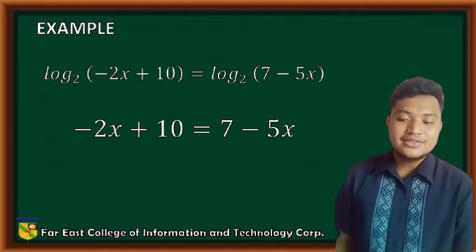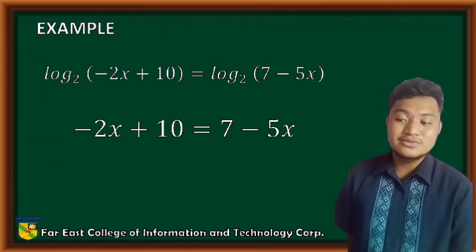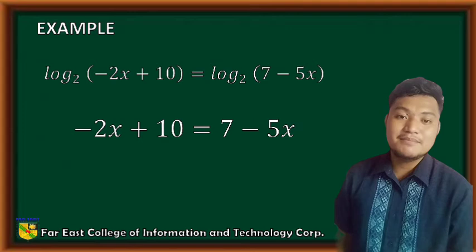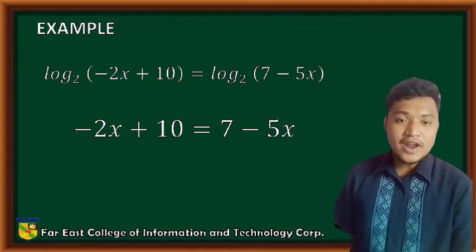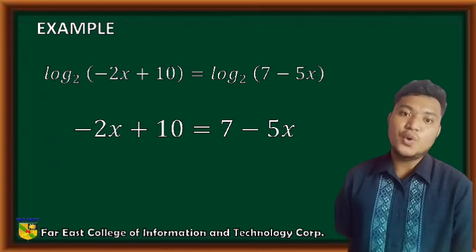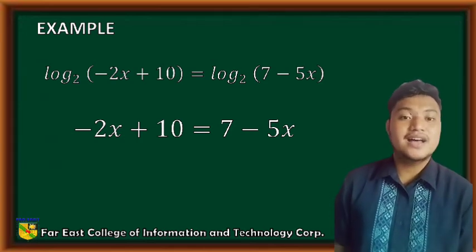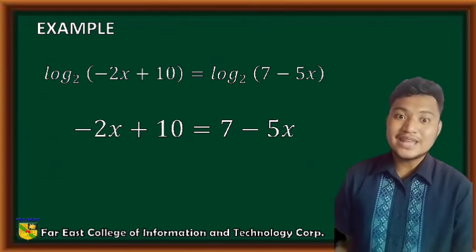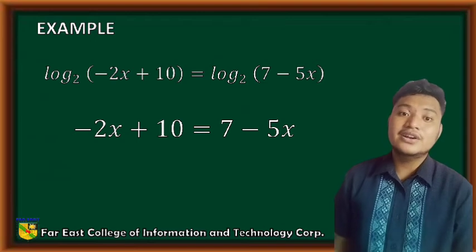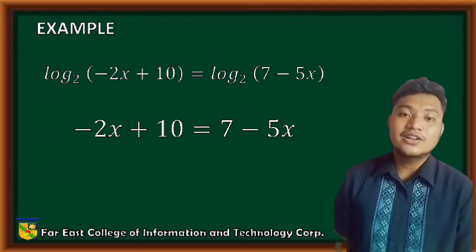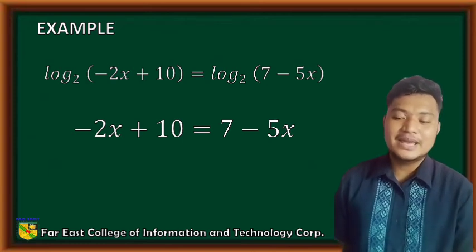We transpose to combine negative 2x and negative 5x, and positive 10 and 7. Move the negative 2x to the other side, so it becomes positive. Take note that when you transpose to the other side, the sign automatically changes.